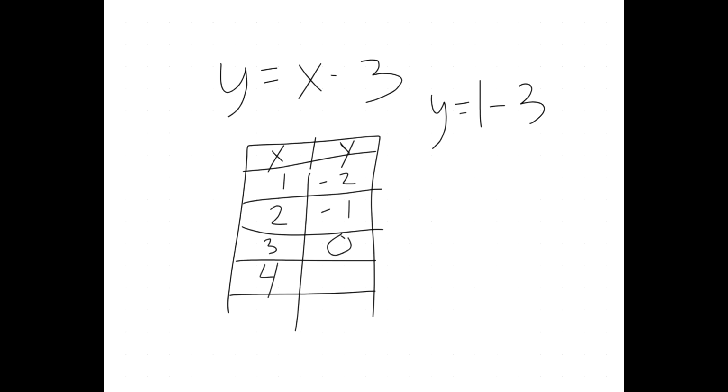1. Okay, so now how do you graph these points? If x is 1, y will go down to -2, right? Like around there. If x is 2, y will be -1.